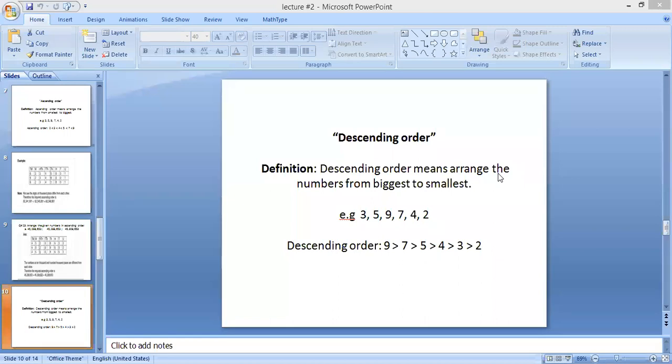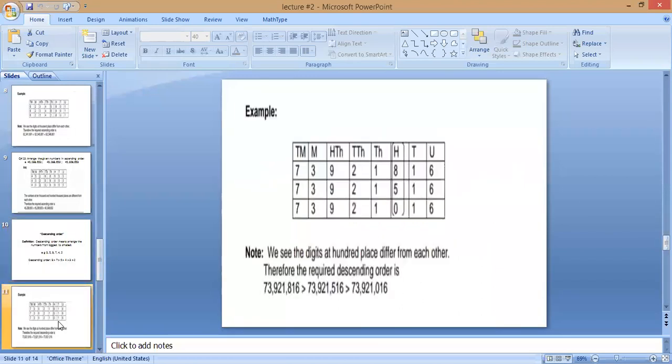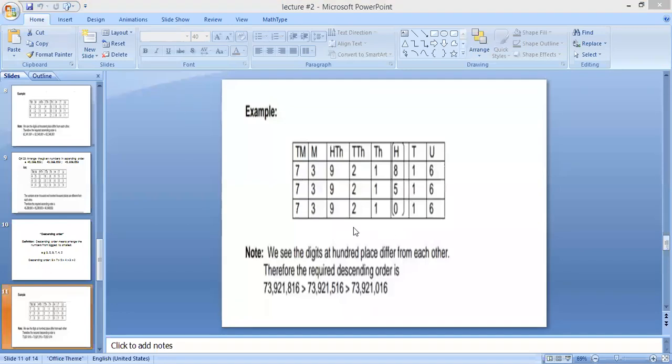Okay, now come to the next one. This is an example from your book. When you have three numbers, first of all, you will arrange your numbers in a place value chart, and you can check. We see the digit at 100 place differ from each other. Yes, you can check which one is the greatest.